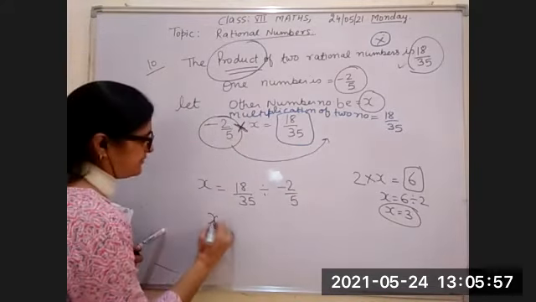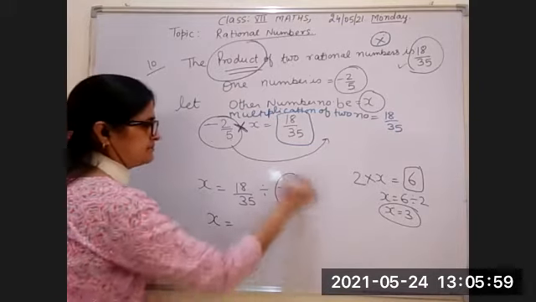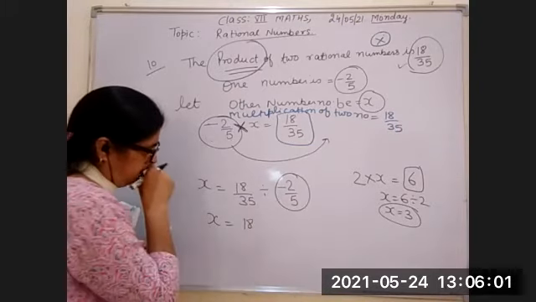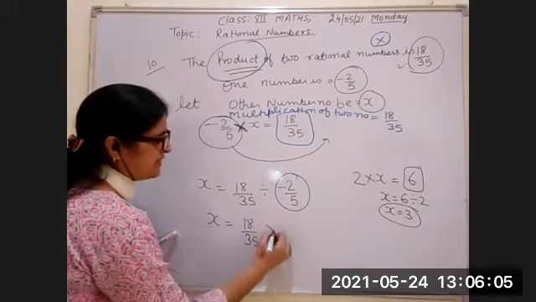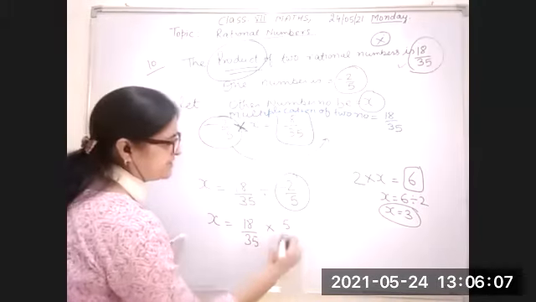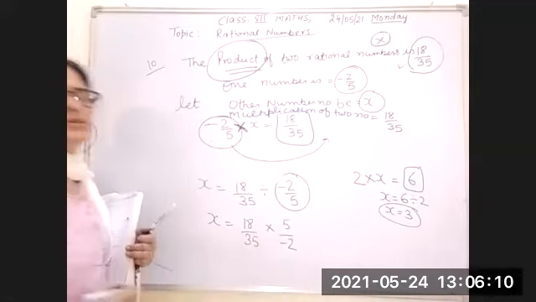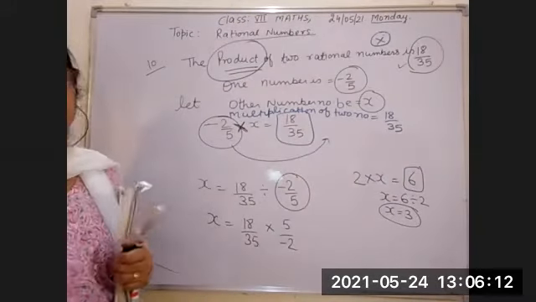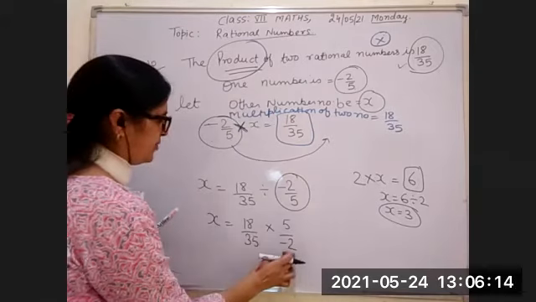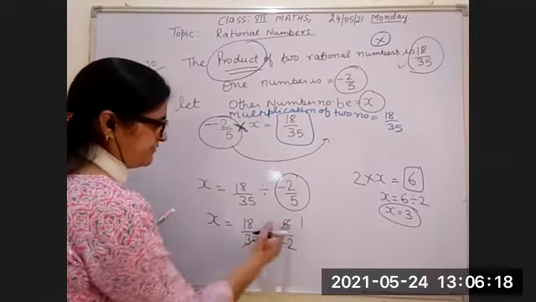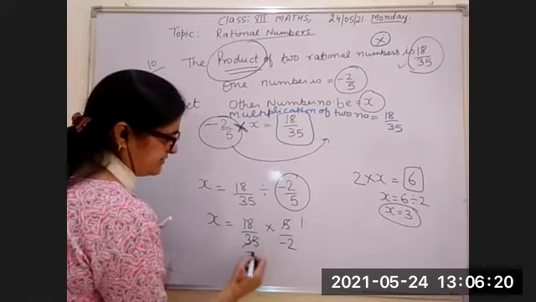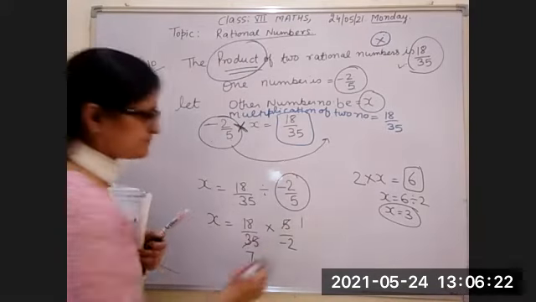Now you have to convert divide into multiply and take the reciprocal of minus 2 upon 5, that is equal to 5 upon minus 2. Now cancel 35 with 5: 5 ones are 5, 5 sevens are 35.